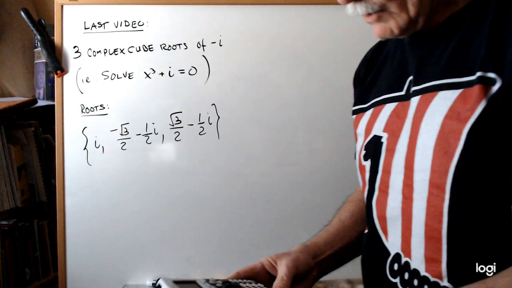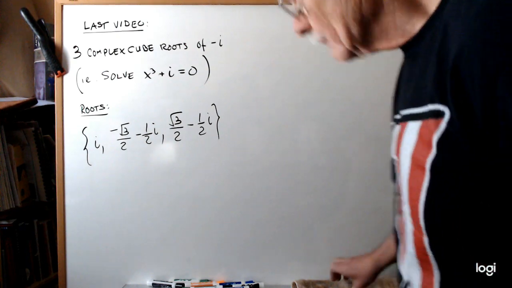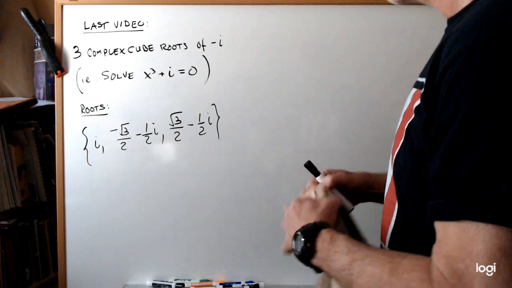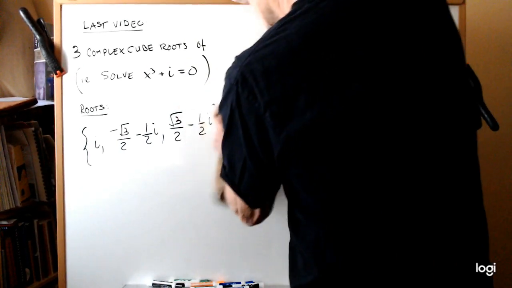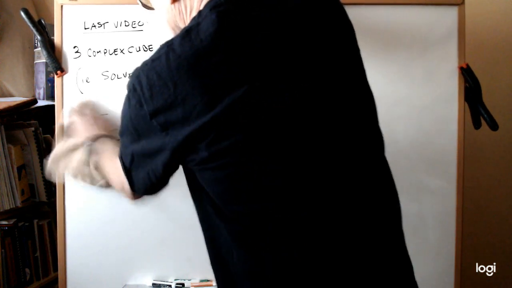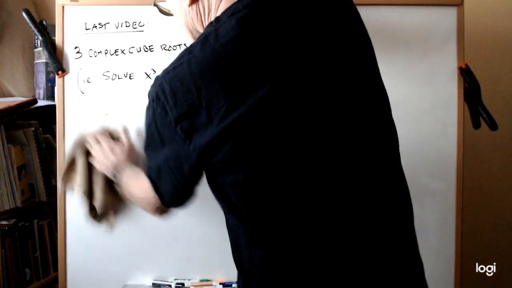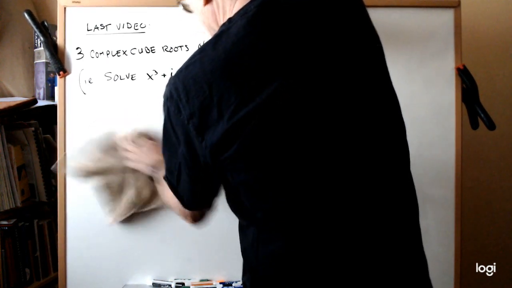So that works out very nicely, and you can check any of the problems that we do using that method. So let's do another example. It's going to be sort of similar.